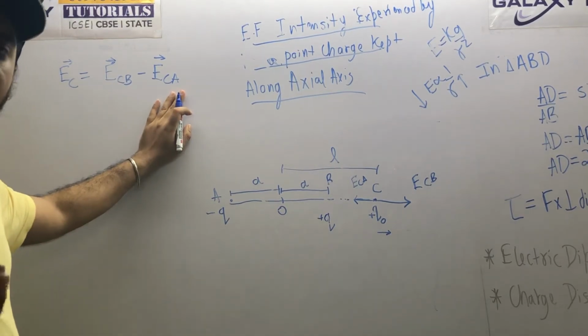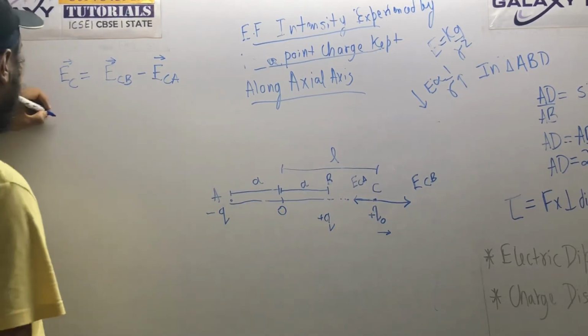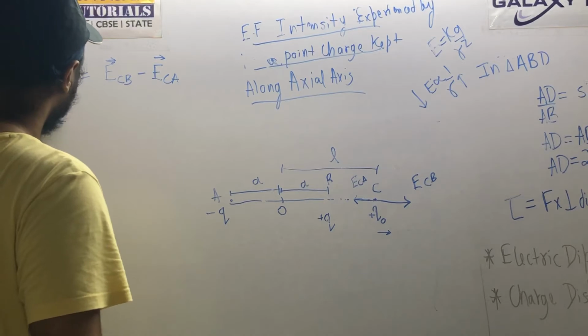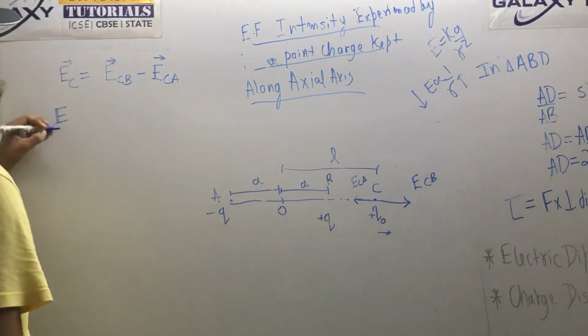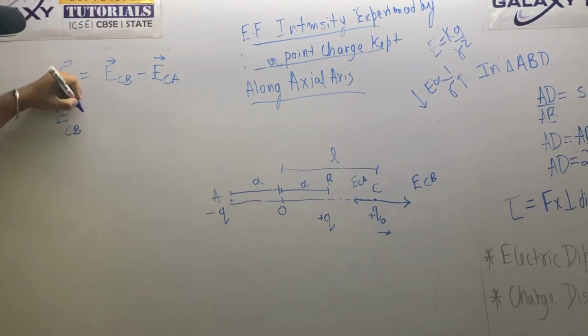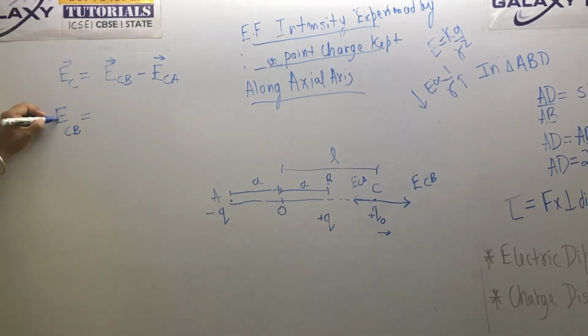Okay, so now we will find the value of ECB and ECA. So let's find out the values. ECB will be equal to, okay, so you know the formula of electric field intensity.